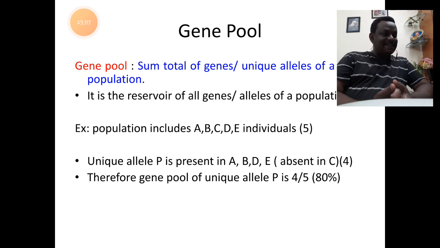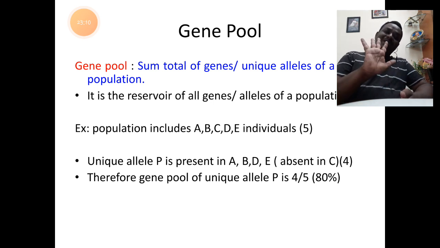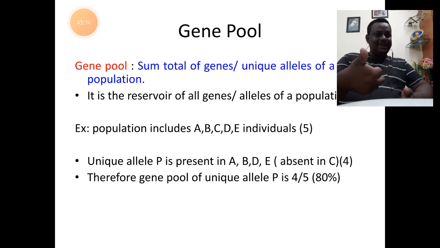It is absent in C. So we have altogether 5 individuals, but the P allele is present in 4 individuals, that is A, B, D, E. It is absent in C. So what is the gene pool percentage of the P gene?